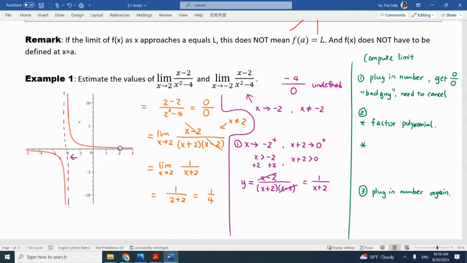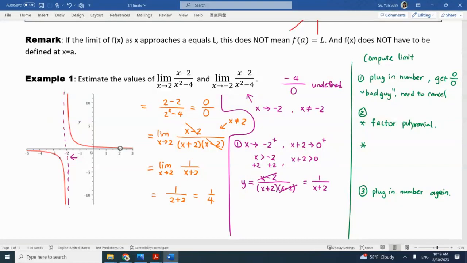And now you have your numerator is a constant, right? And your denominator is something goes to 0. And we know 1 over something going to 0 is going to be a very big number. Do you agree? So keep in mind, 1 over 0 plus, it will be positive infinity.